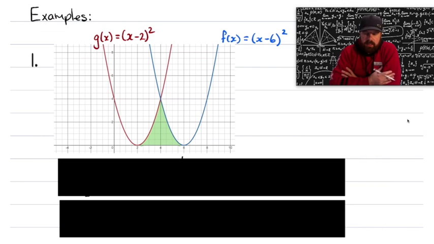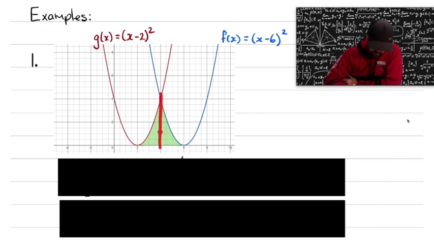Here we want to find the area of that green shaded region. Another way of describing that region is the area bound between the two curves and the x-axis between x equals 2 and x equals 6. Right? So if we're having a look at this, looking at those ideas we talked about earlier, here is a crossover point.